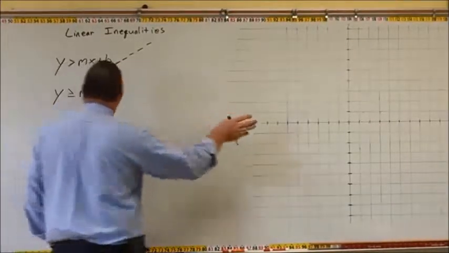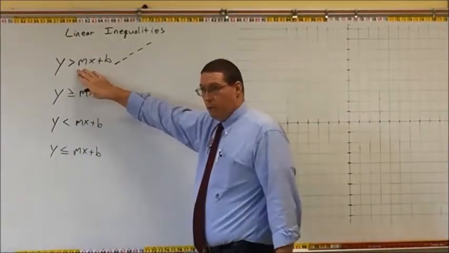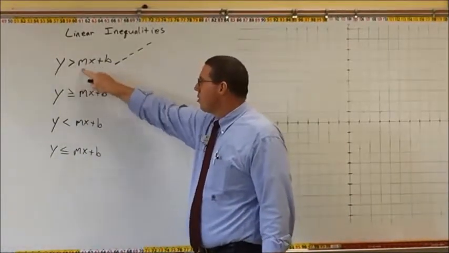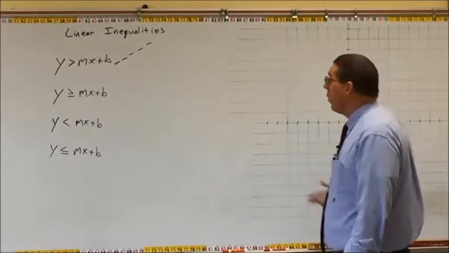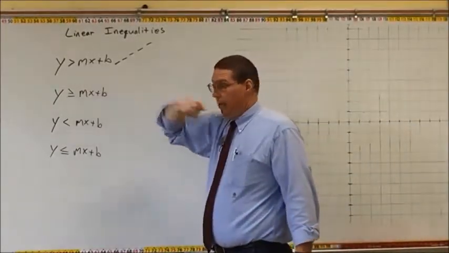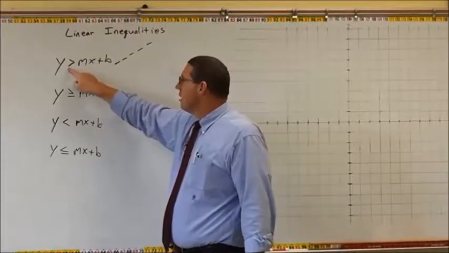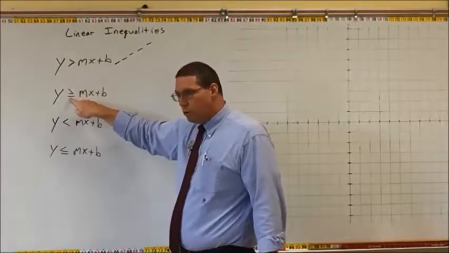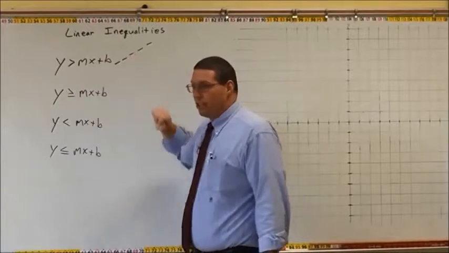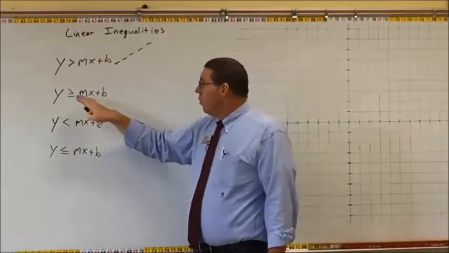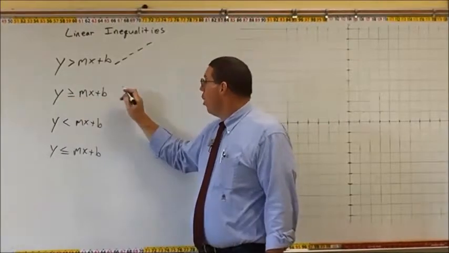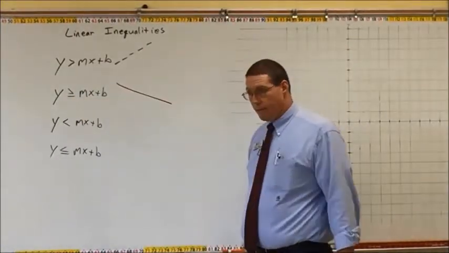If this said y equals mx plus b, it would just be a line on the coordinate plane, right? Well, it still is a line, but because it doesn't have the or equal to, it's a dashed line instead of a solid line. Now, the or equal to's, those are solid lines.